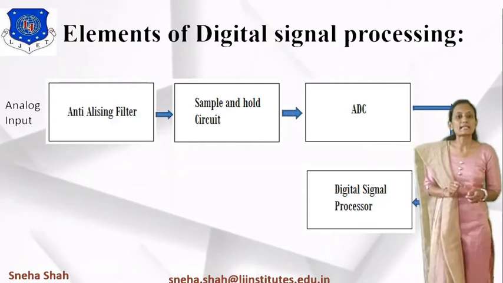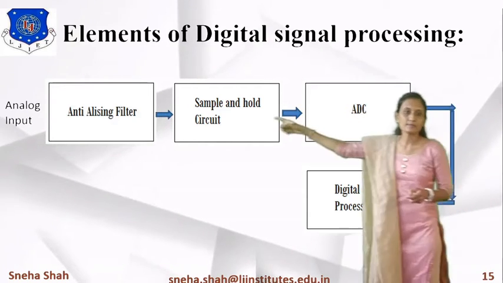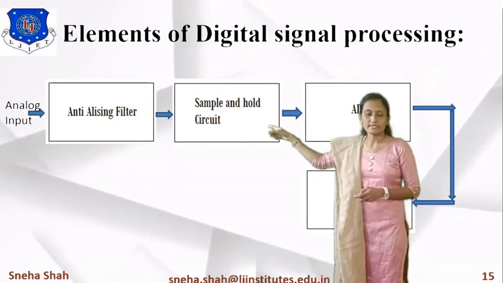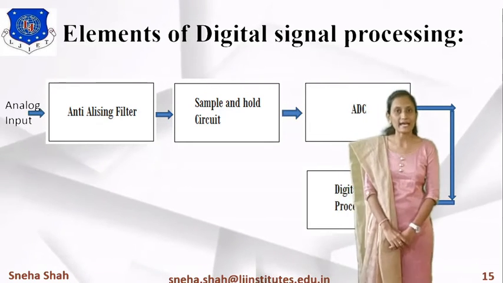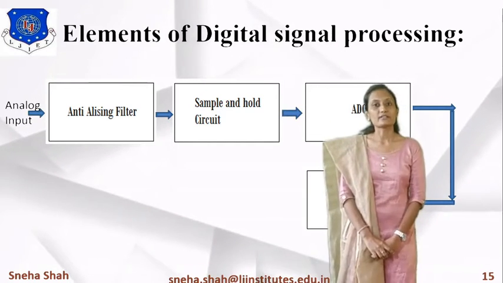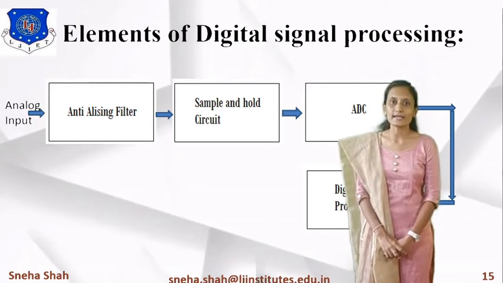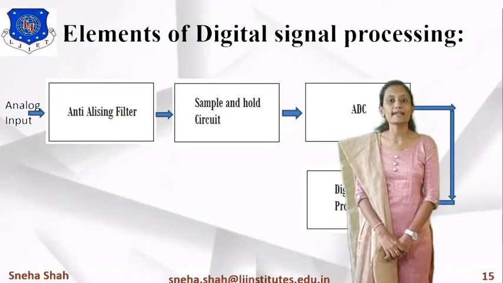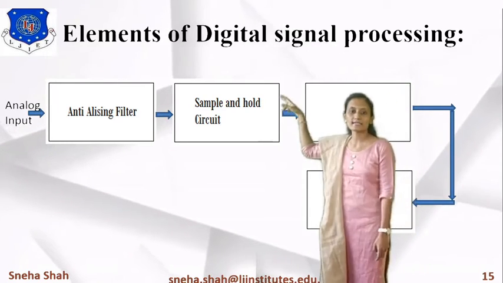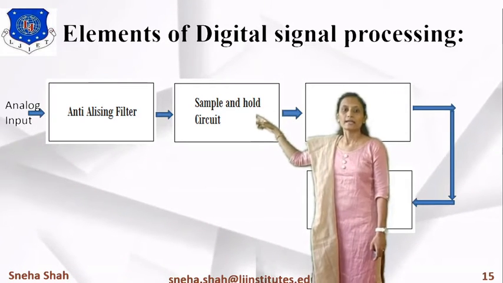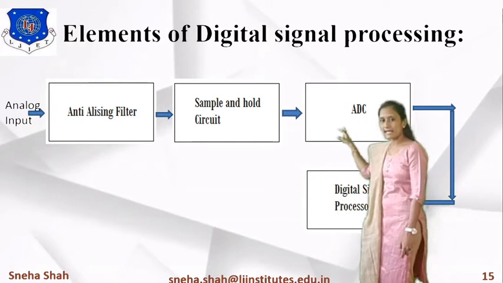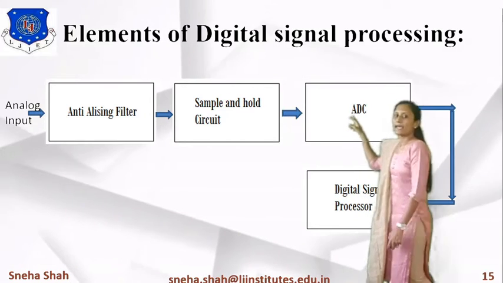So we apply this analog input to the anti-aliasing filter, which removes the high frequency noise or aliasing error. Then it gives the signal to the sample and hold circuit. The output of it is given to the analog to digital converter, and the output is in digital form.